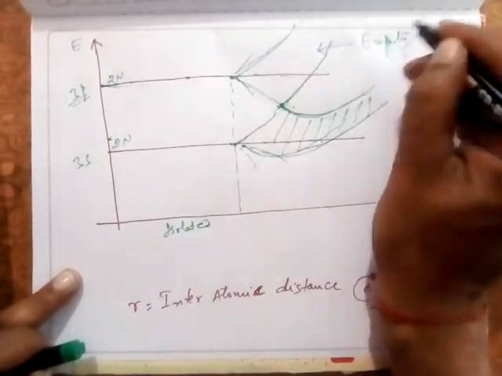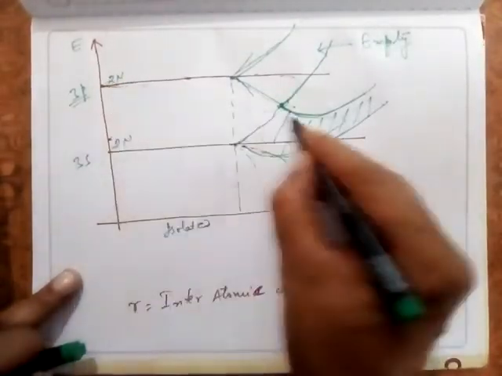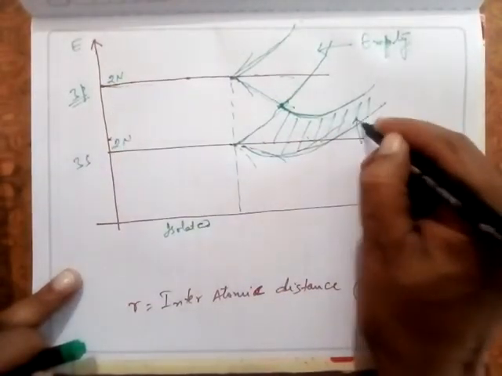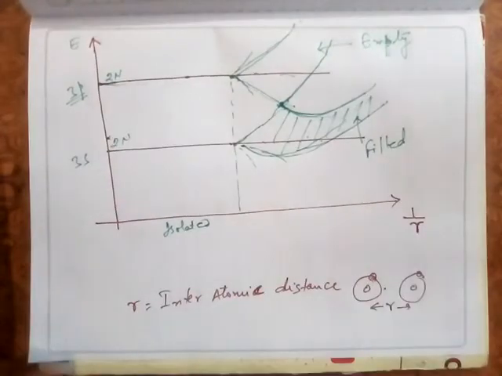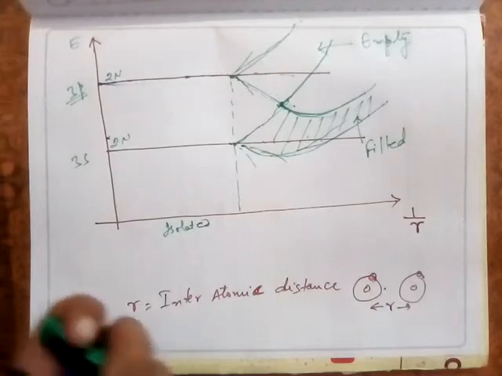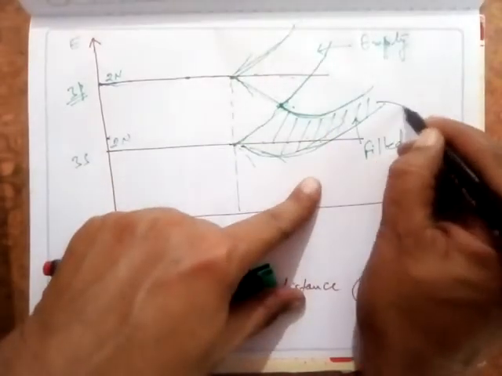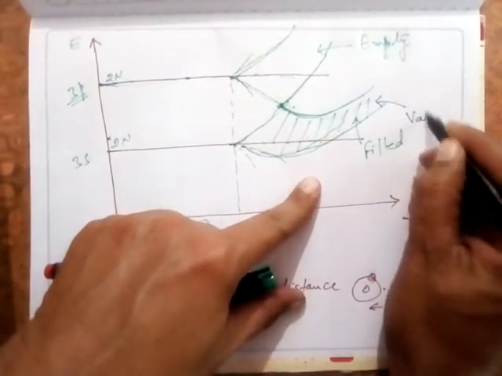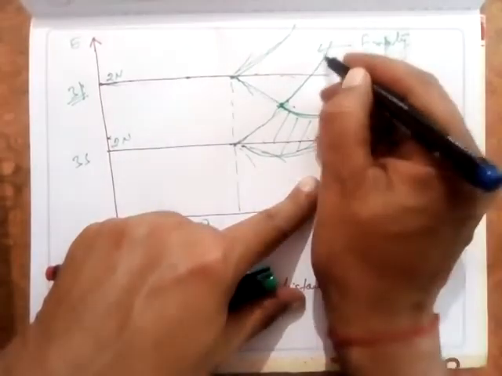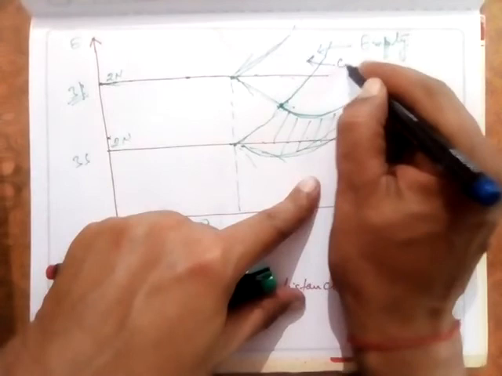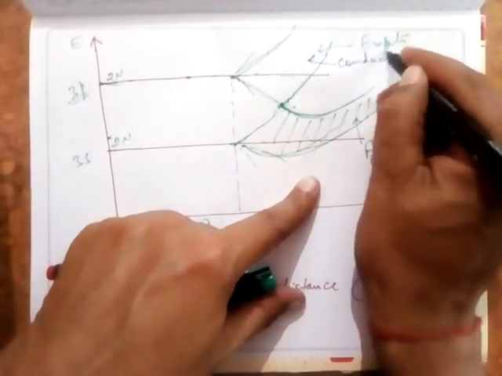The 2n electrons it already had, and 2n from this side, so this is filled. This filled band is called the valence band, and this particular band is called the conduction band.